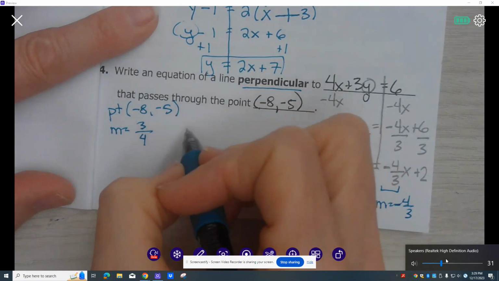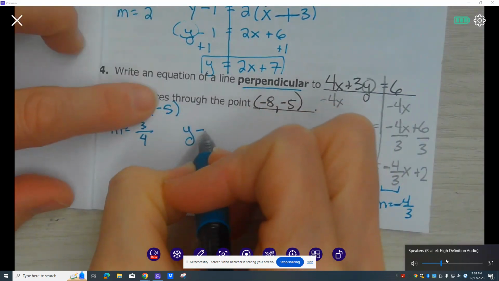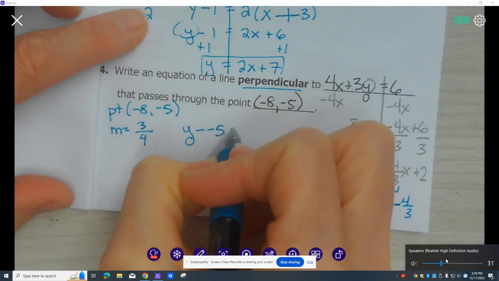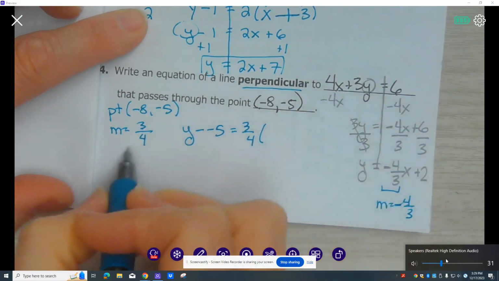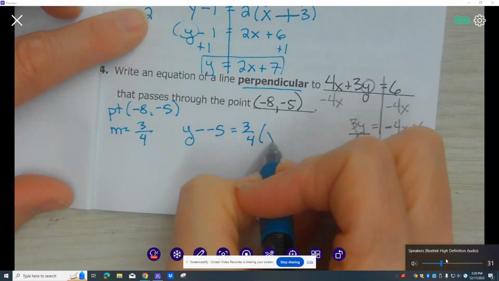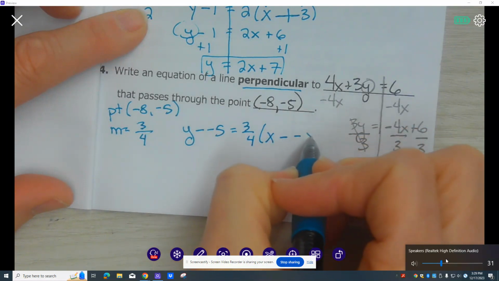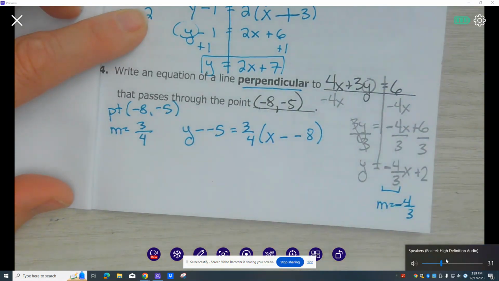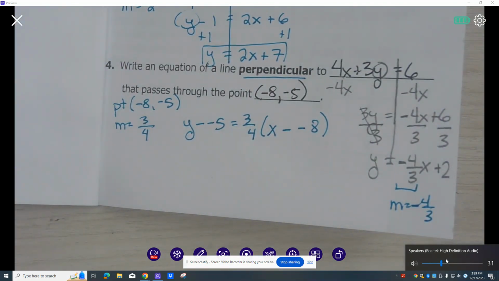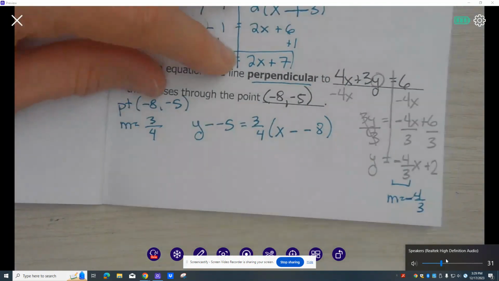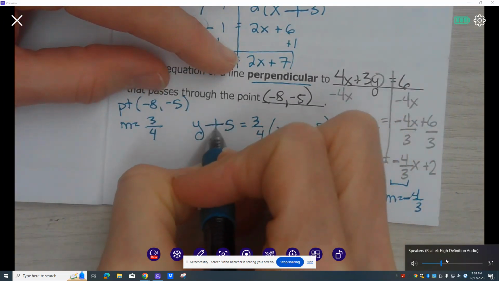And now we can write an equation. Y minus, my y is negative 5, equals m. That's my 3 over 4, times x minus negative 8. Okay, remember wherever you have that minusing a negative, you want to turn that into a positive. So make that a giant plus.